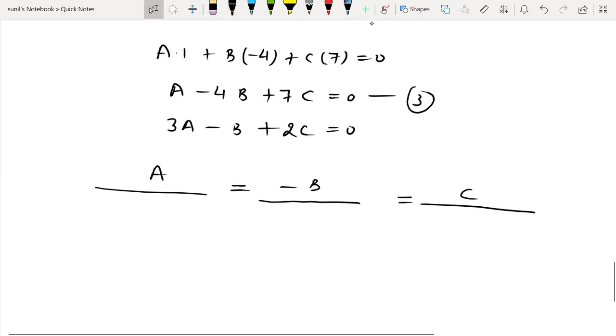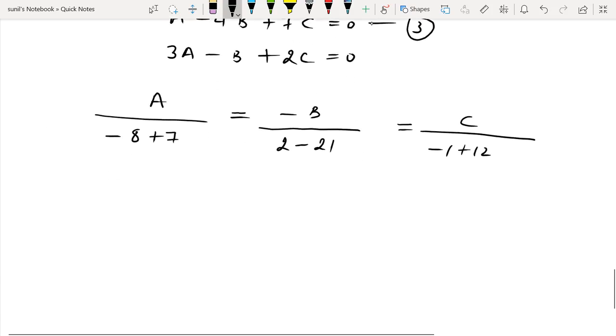Now hide a, and it will be minus 8 plus 7, and b will be equal to 2 minus 21, and c will be equal to simply minus 1 plus 12. Now that is turning out to be a by minus 1 and b by 19 and c by 11.